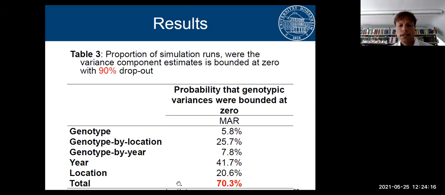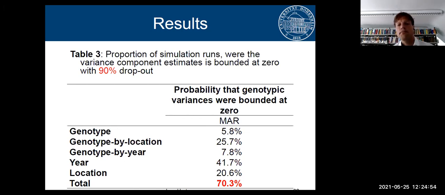And what you can see here is that the genotype variance is estimated or bounded at 0 in about 6% of the cases. The genotype by location variance, where you see the largest bias, is at 0 in 25%, one quarter of our simulations. And if you ask in how many simulation runs at least one of the variance components is estimated to 0, then you see that it's 70% of the simulation runs.